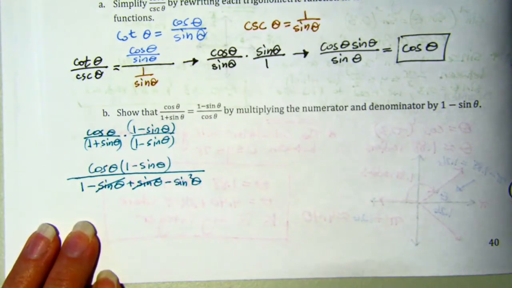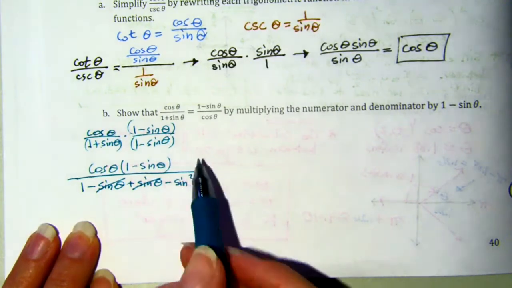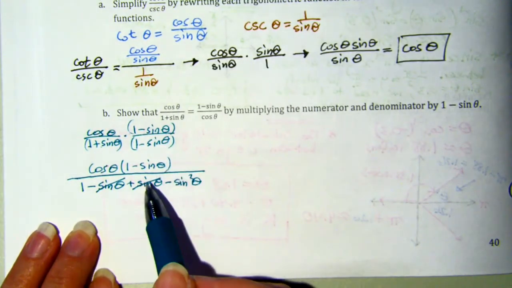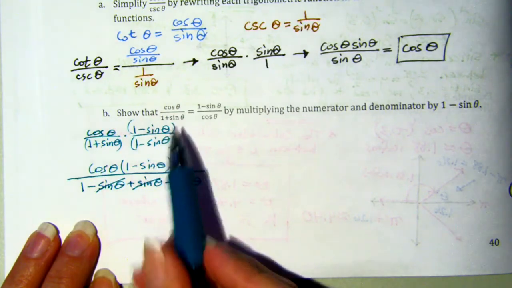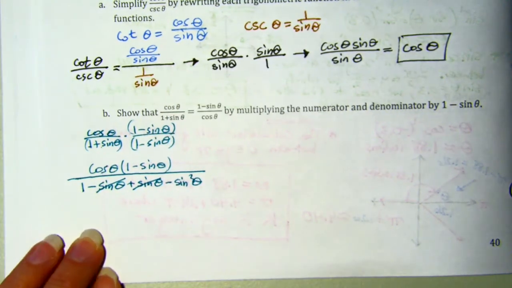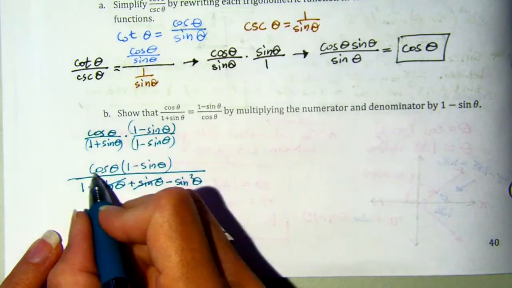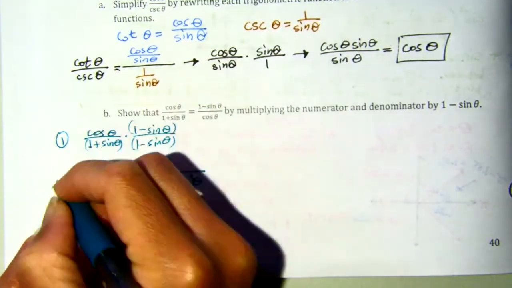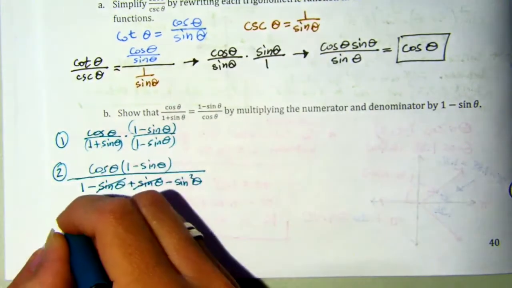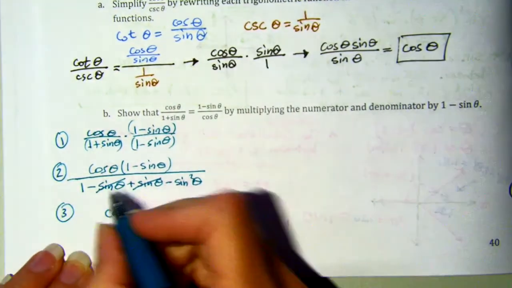The reason why we multiply by the conjugate is because it's going to help us get rid of this sine of theta in the denominator. So now, we have in the numerator, this was kind of like step 1, this was 2, here we are at step 3.